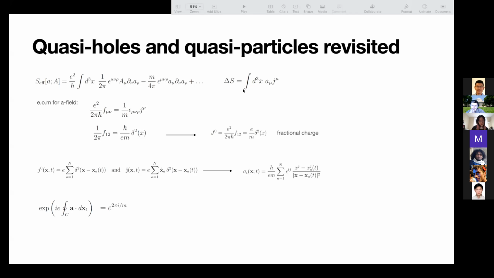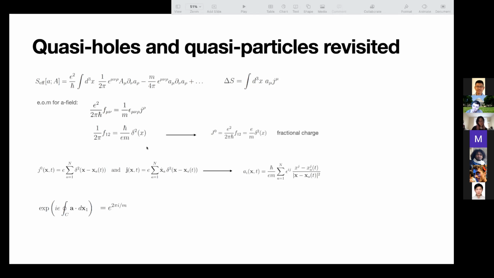Basically, starting from the effective action we had before and adding some charge density to it. If we consider the equation of motion for the little a field, and turn off the probing field big A for a moment, we'll see that the electric charge is attached with some magnetic flux of little a.